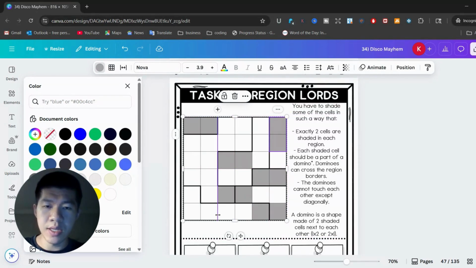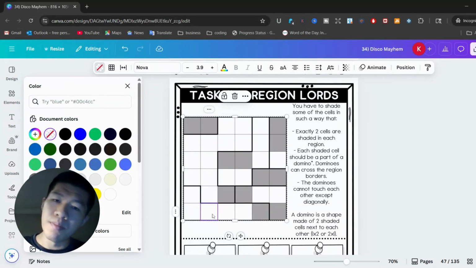Then if I move into this region right here, I've already shaded in one cell for this purple region, this L-shaped region. So I already have one here. I can't shade in here because this is next to this shaded cell, and I can't shade in here because it's next to this cell.